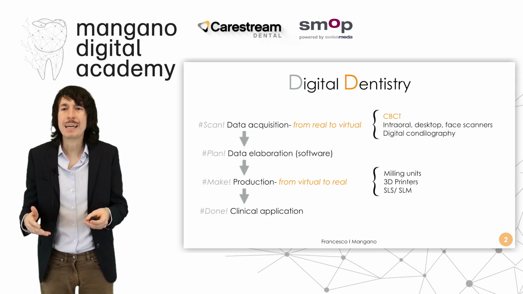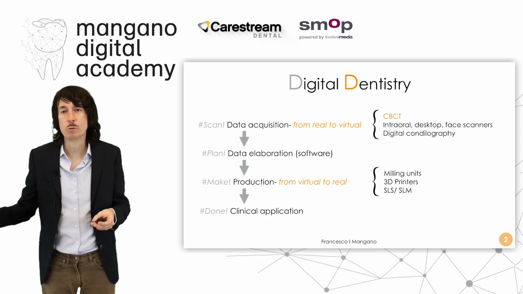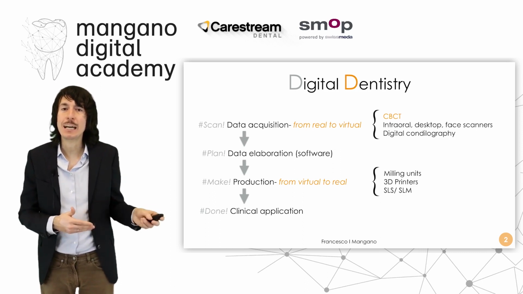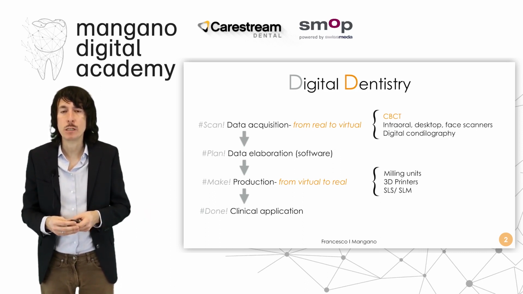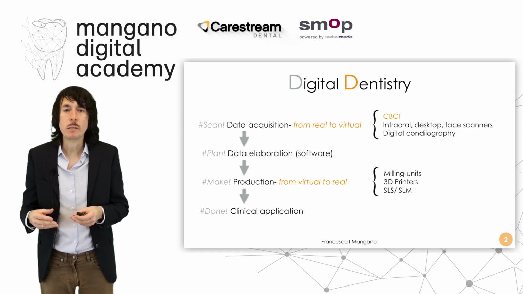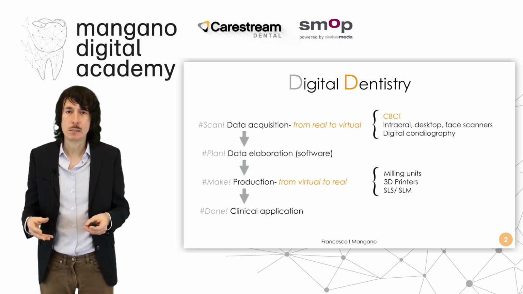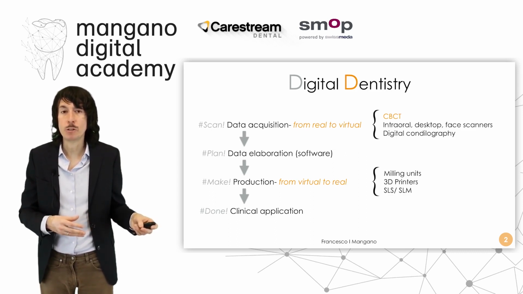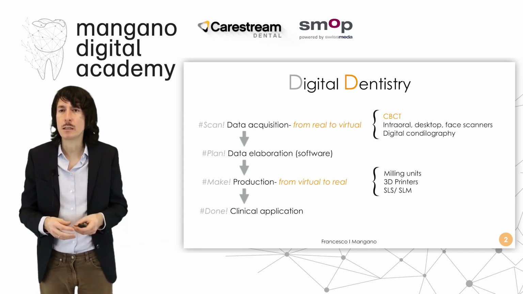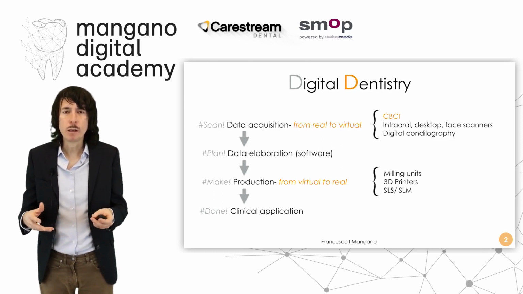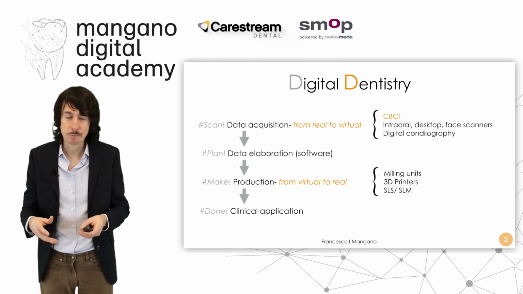We can design, for example, restoration, crown and bridge in prosthodontics, surgical guide in implant surgery, or even orthodontic devices in ortho. Then we need to fabricate these devices for the final clinical application through milling, printing, laser sintering. Then we can use our plannings, our devices, clinically.